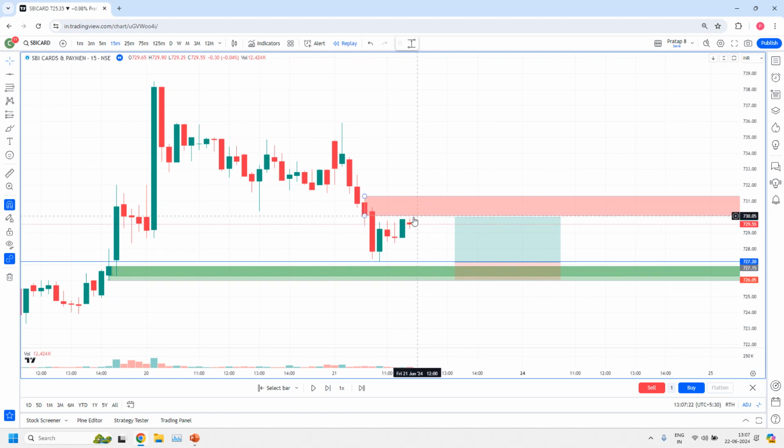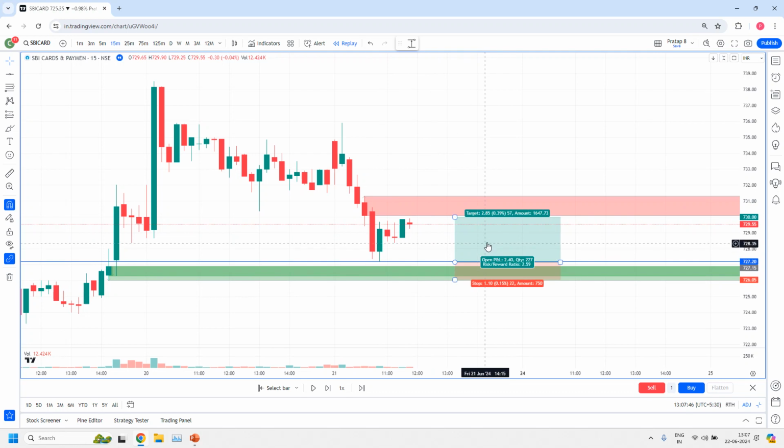In one of these candles, definitely you would have exited because it reached near to this zone. So that means you would have got a small profit here in this setup. But now look into the other setup.